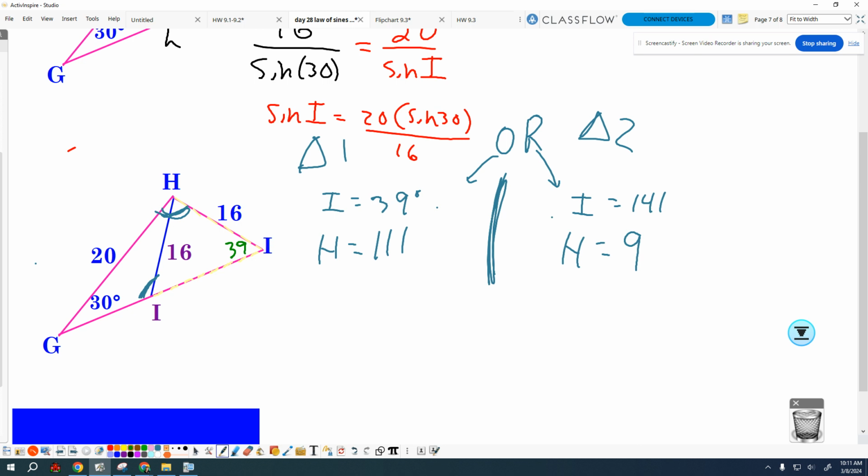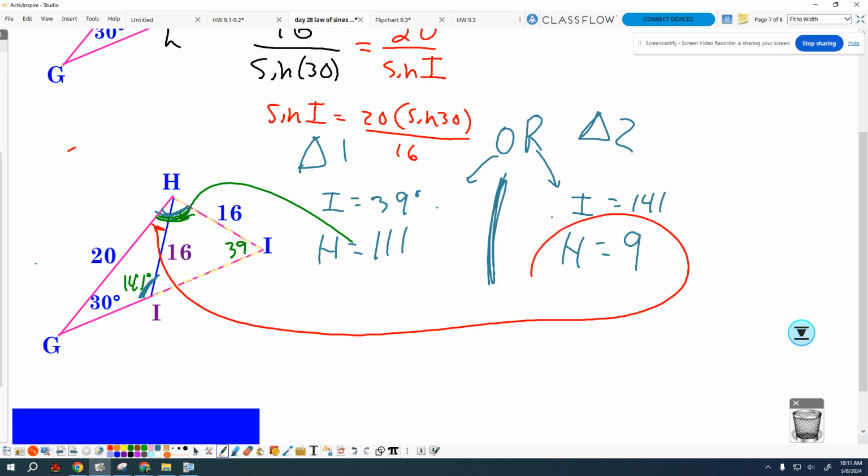So either angle I is that littler 39 degree angle, or it's that guy. When it's this big fat angle, H would be that 111. When it's the little skinny mini guy, H would be 9 degrees.